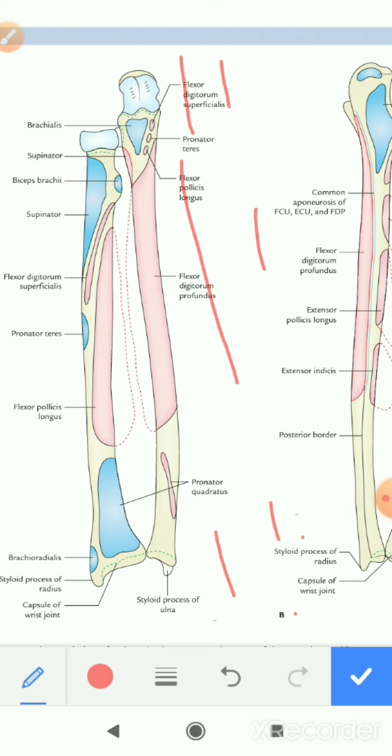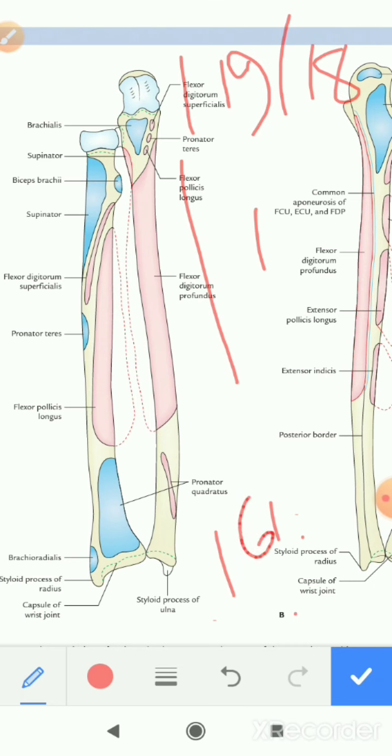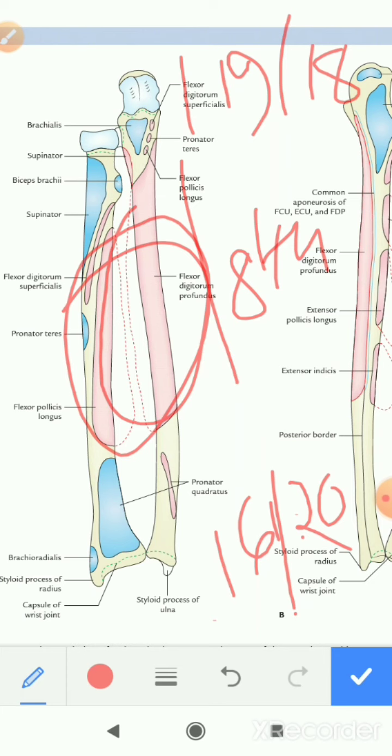The lower end starts at 6 years of age and fusion occurs at 20 years. The shaft is the primary ossification center and starts ossification in the 8th week of intrauterine life.